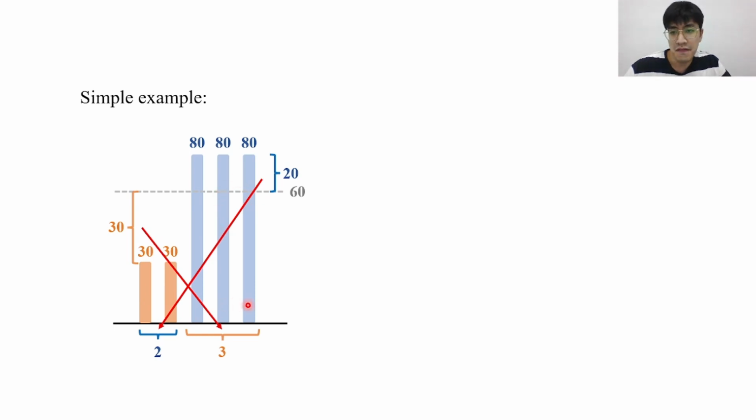So the next time when you see this kind of problem, there's no need to draw this figure because it's very time consuming. We can just write out the average of the boys 80 and the average of the girls 30 and the total average 60. And I can find the difference between 30 and 60, which is 30, and 80 and 60, which is 20, and I put in the opposite order.